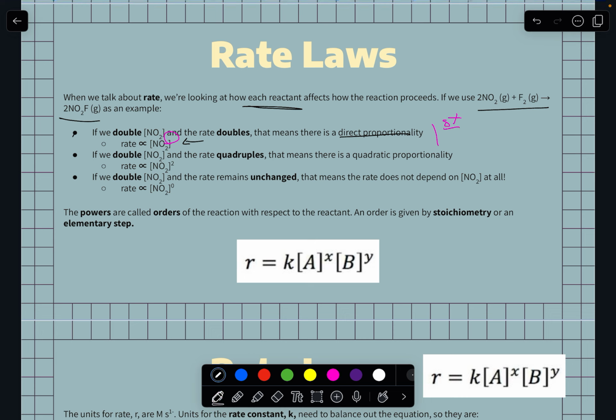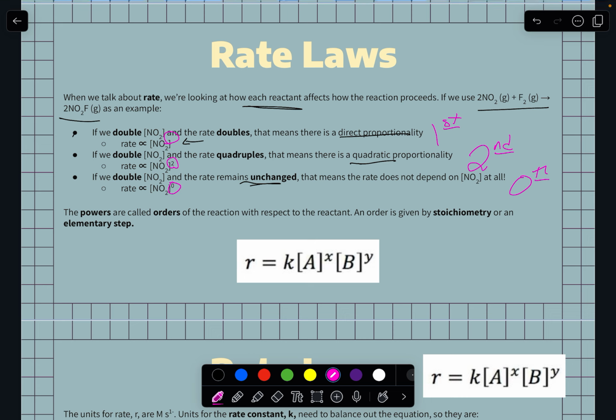For the second bullet point, if we double NO2 and the rate quadruples, that's quadratic, right? What we do to one, the square of it happens to the other. So you'll see our proportionality is now squared. So that's second order. And then for the third bullet point, if we double NO2 and nothing happens, it's unchanged, our exponent is now 0, that is 0th order.